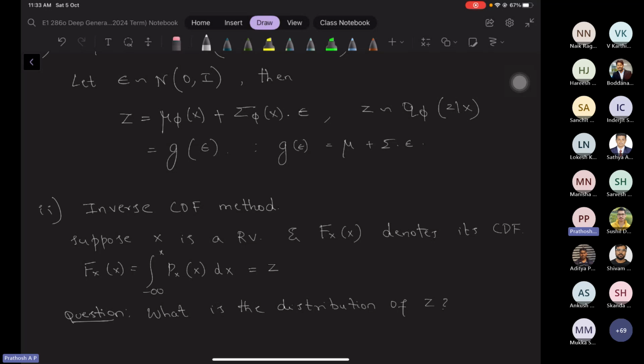Given a random variable, you compute its CDF. Now the CDF itself becomes another random variable. The question that we are asking is, what will be the distribution of the CDF of a random variable? Does anyone know that?